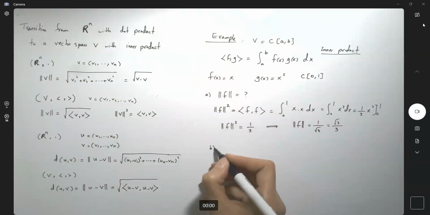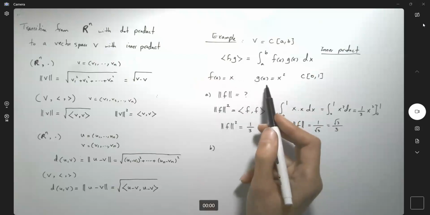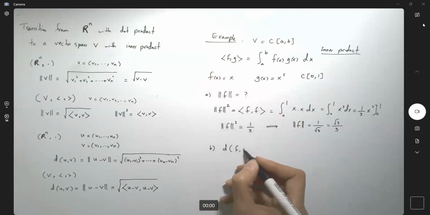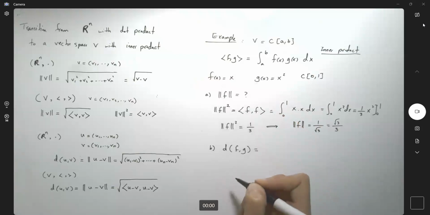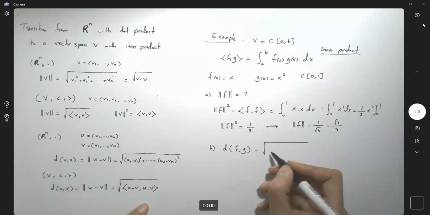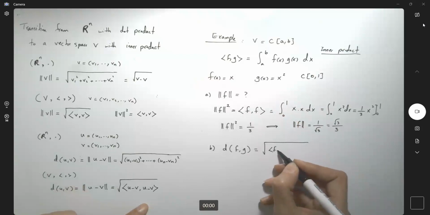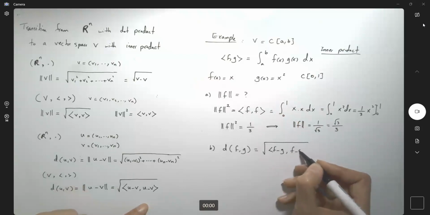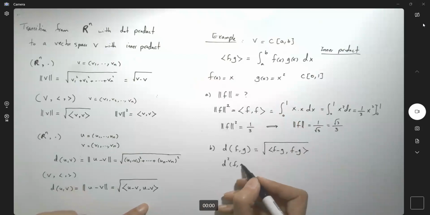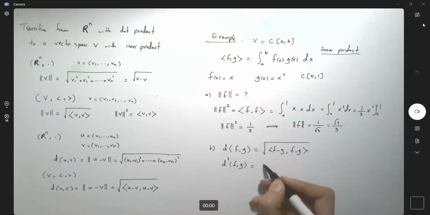Now, suppose I ask you to find the distance between these two functions. What is the distance between f and g? What are you going to do? You're going to say that distance has a definition. It is the square root of the inner product between f minus g and itself. Or basically, if I square this, it makes the computation easier.